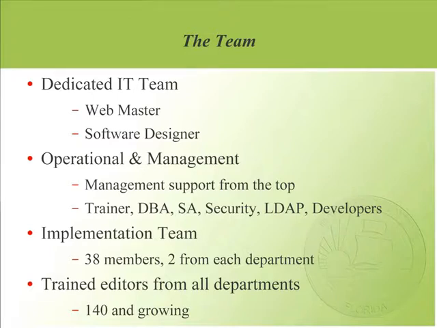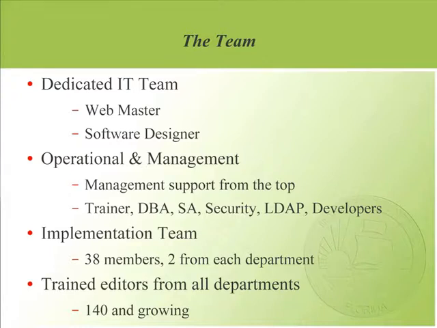When we kicked off the project, we started with an implementation team composed of 2 people from each department. One was a business analyst who knew the services that their department provided, as well as a more technically savvy person who could learn software and get other people started. That implementation team helped design the original sitemap and request capabilities.